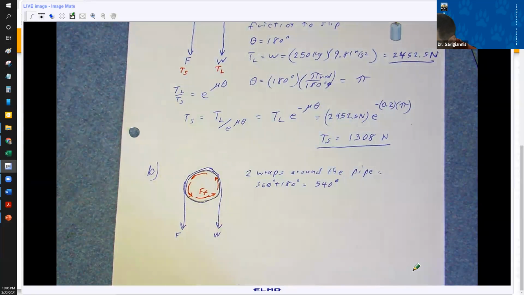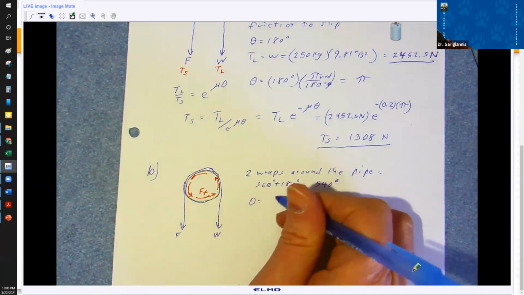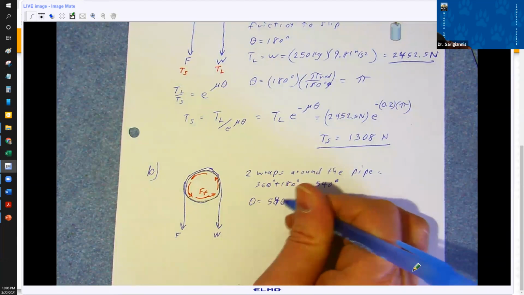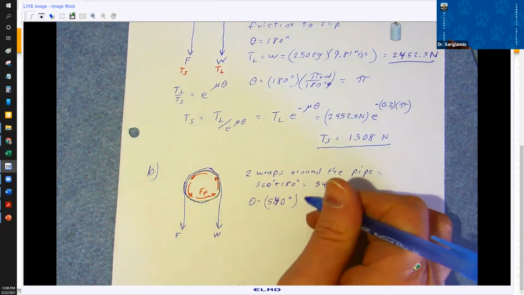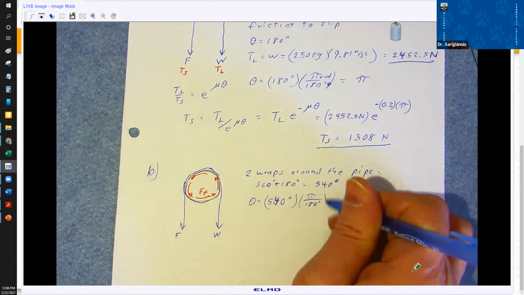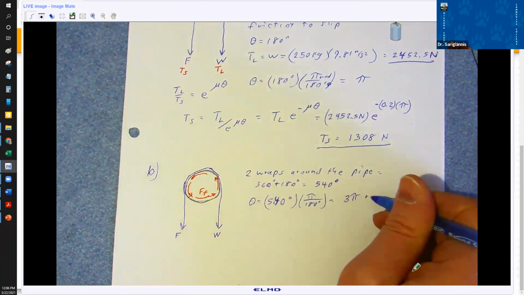We need to work in radians. So 540 multiplied by pi over 180 degrees, and you wind up with, I'm just going to leave this as 3 pi radians.